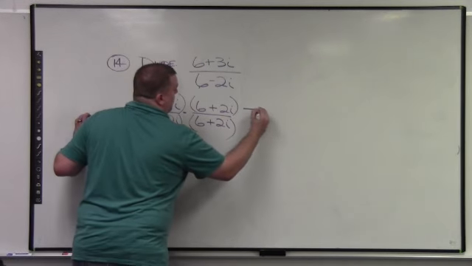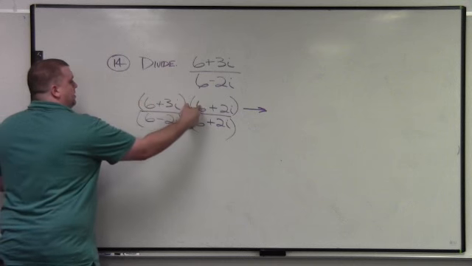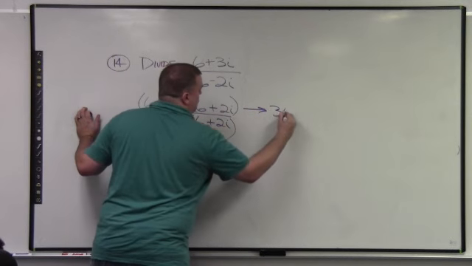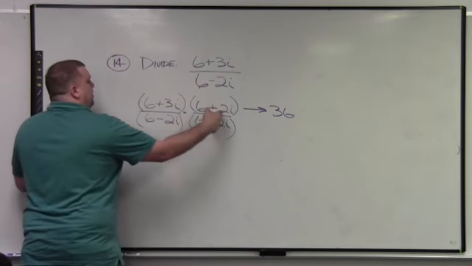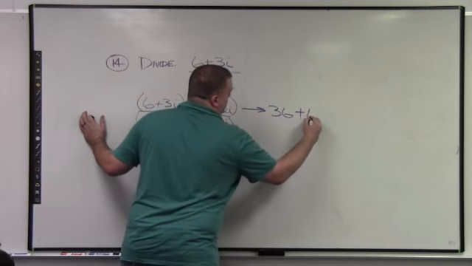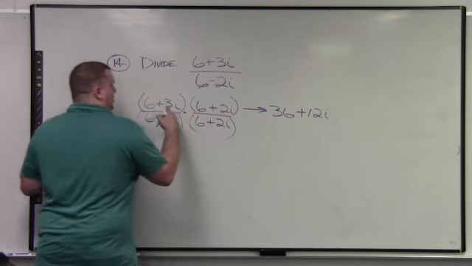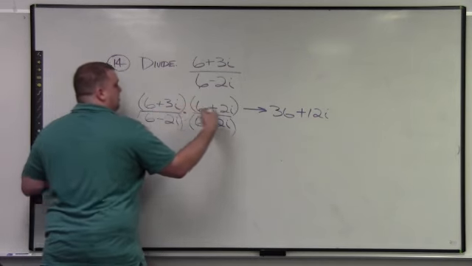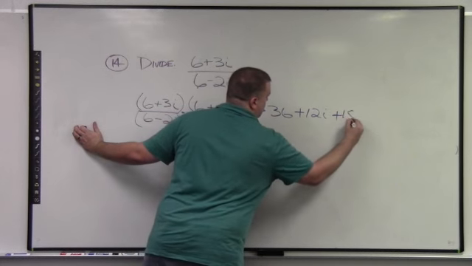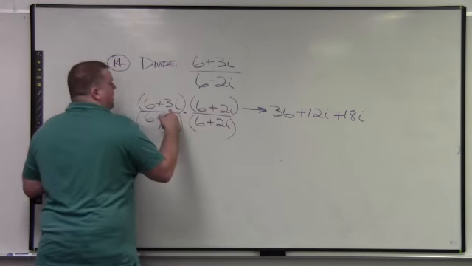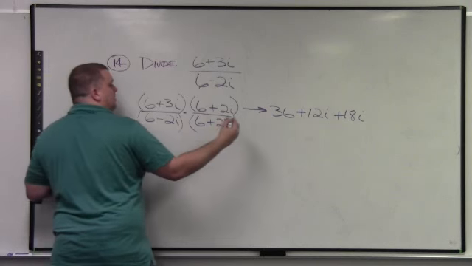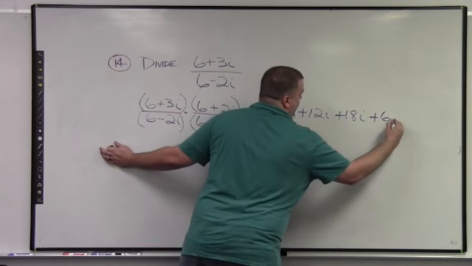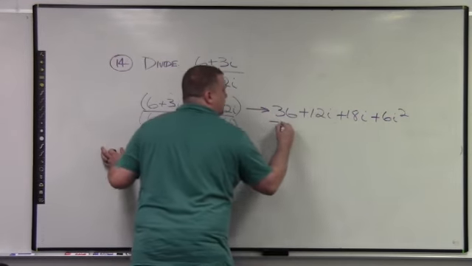So let's do that. 6 times 6, 36. 6 times 2i, 3i times 6. And then 3i times 2i. 6i squared. Don't forget about that squared because we are multiplying.